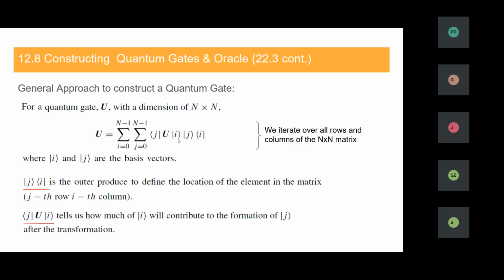So what I need to do is go through all the rows and all the columns. For that, I put up this sigma notation where J goes from 0 through n minus 1, and I goes from 0 through n minus 1. So I can run through all the rows and all the columns. Remember, the columns and rows are numbered 0 through n minus 1. This is how I typically estimate what will probably go into the quantum gate.